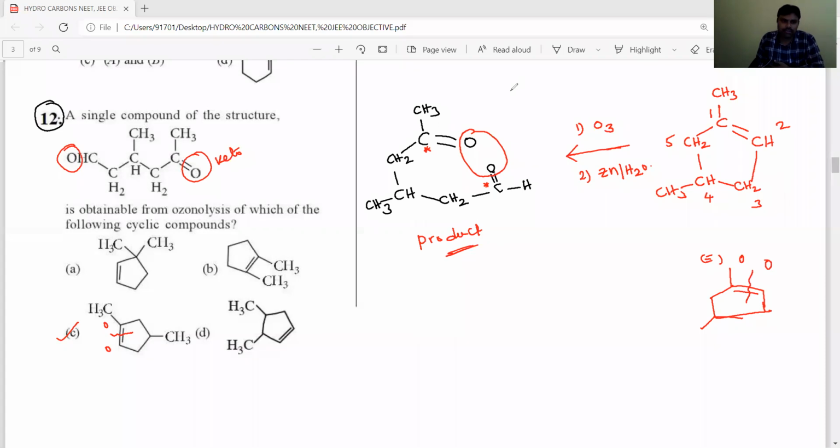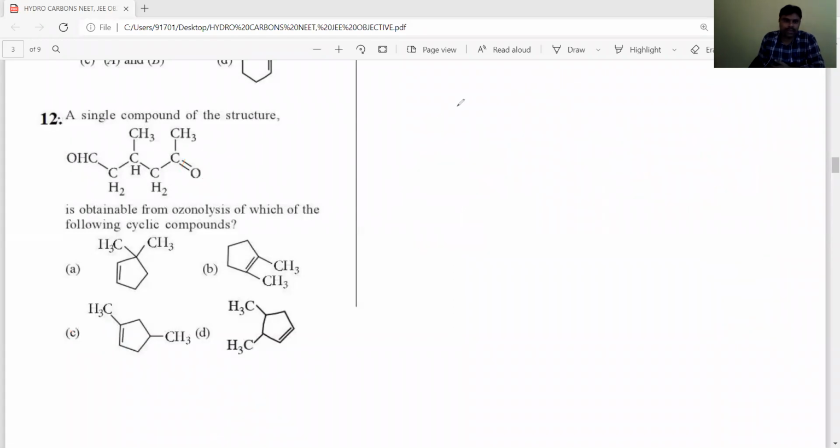And if you have doubts, for the remaining options also you can write the ozonolysis products, then we will get more idea. Okay, for example, if you see A option, on reductive ozonolysis the product is like this.